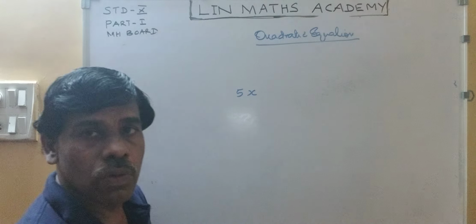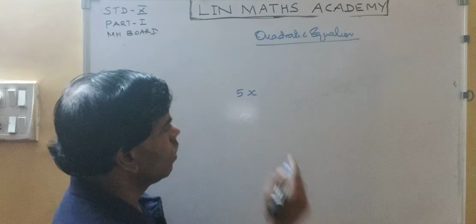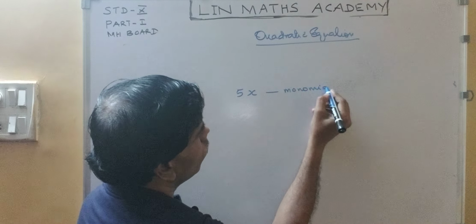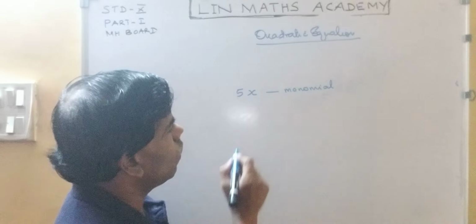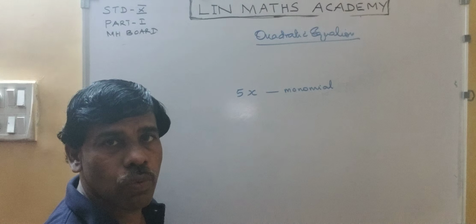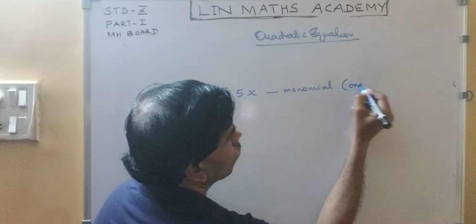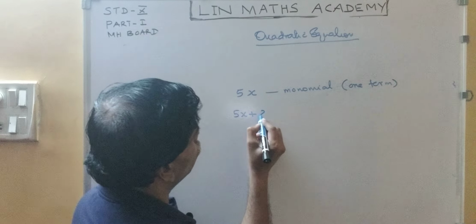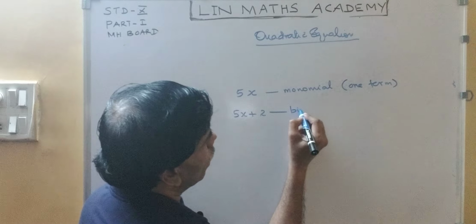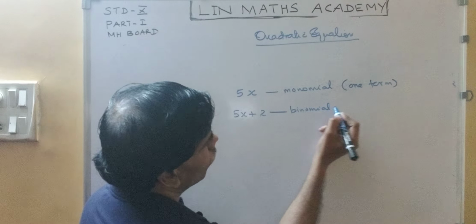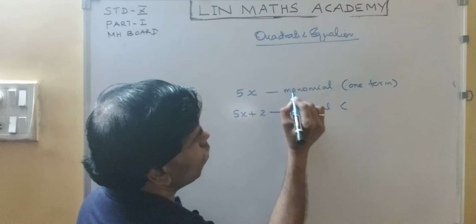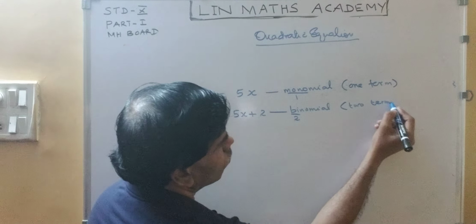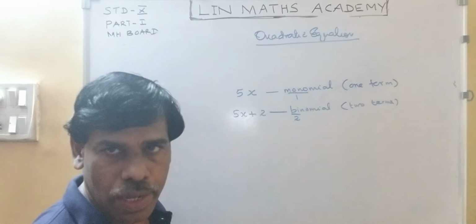5x. What is 5x? We call it a monomial. Why? Because how many terms are there? Only one term. Now 5x plus 2 is a binomial. Bi means 2, mono means 1. It has 2 terms, so we call it a binomial.